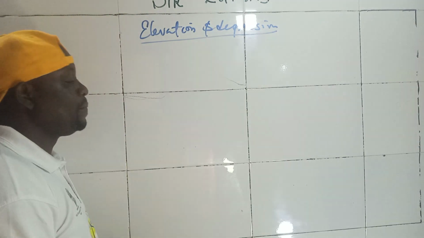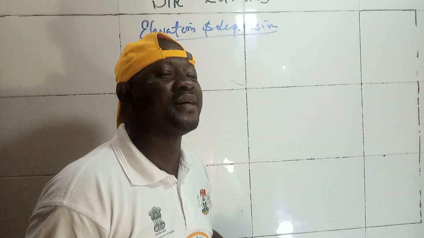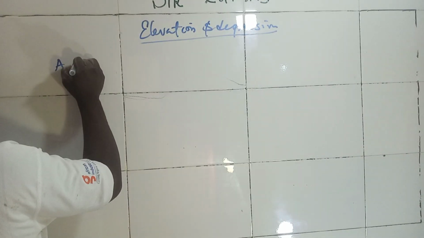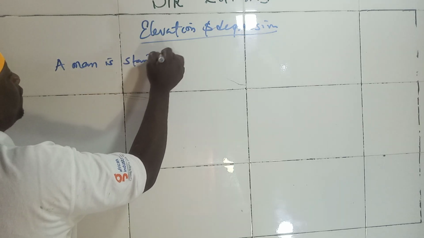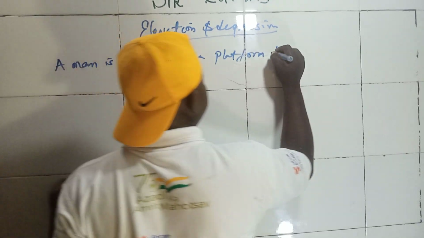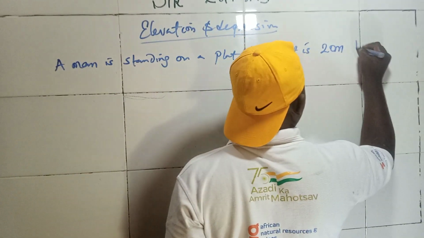At times they can say a man is standing on a platform that is 20 meters high. Now, let me just write the question. A man is standing on a platform that is 20 meters high.